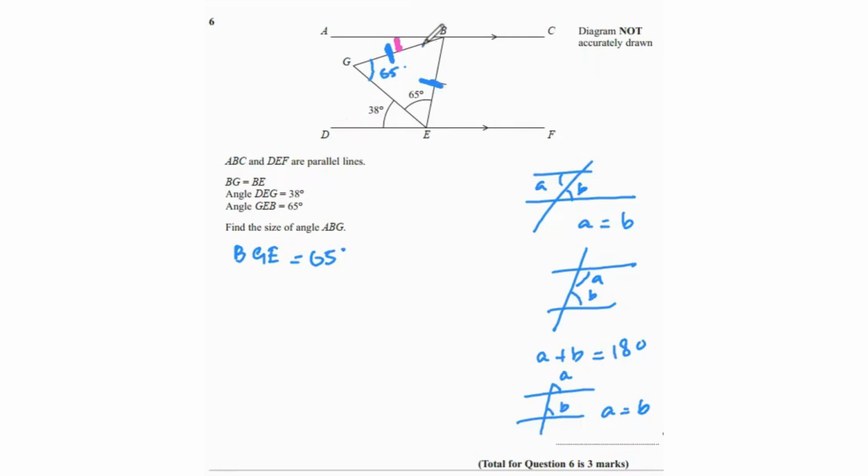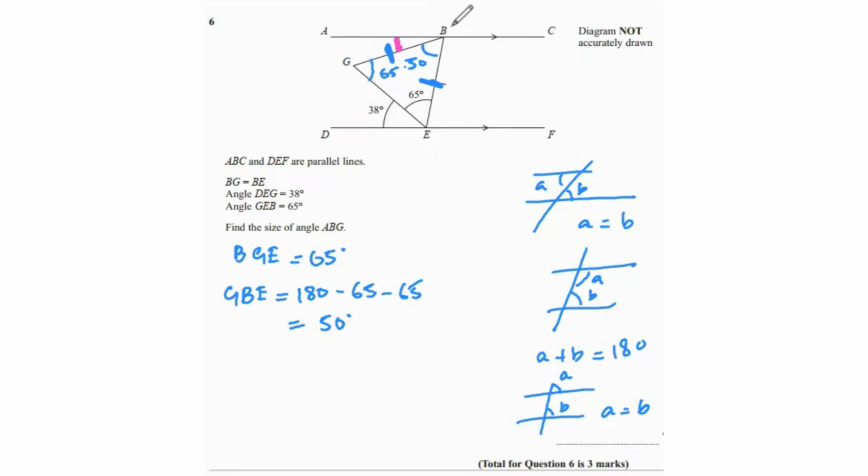We can easily find this angle because GBE is making a triangle. We have two angles in the triangle. We can find the third one by subtracting 65 from 180. So GBE is going to be 180 minus 65 minus 65, which gives us 50 degrees. So this is 50.